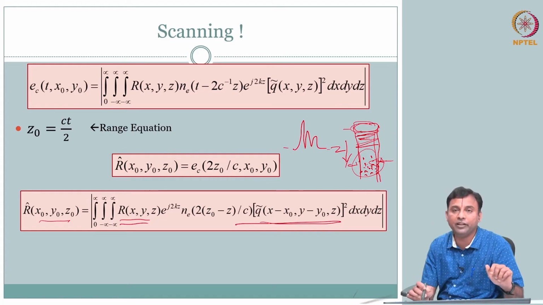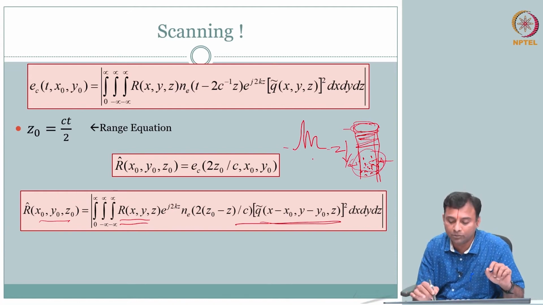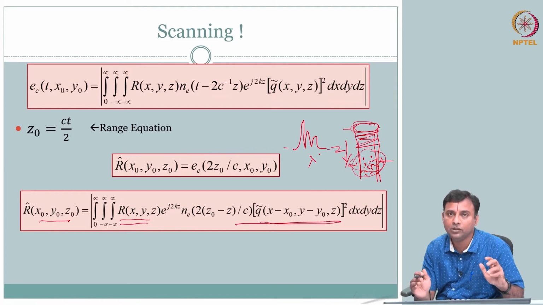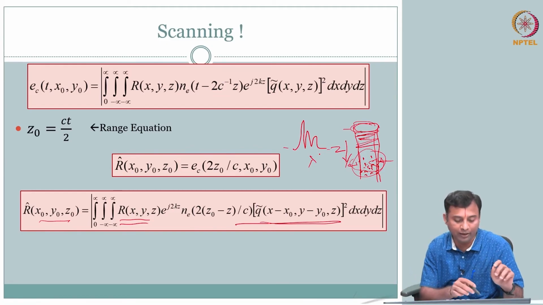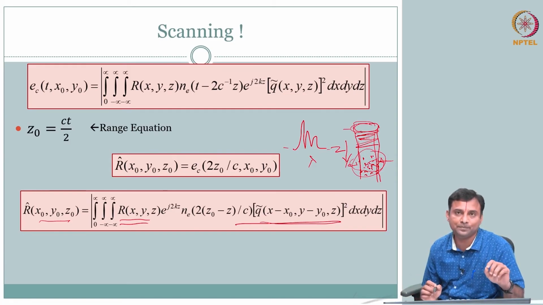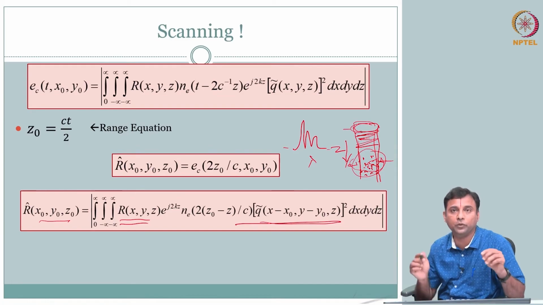Put everything together, there is a resolution cell in terms of lambda. You have many of these scatterers inside this resolution cell. You want this cell to be as small as possible so that you have better resolution. The signal that you are recording is from the smallest region, so that you are able to resolve.